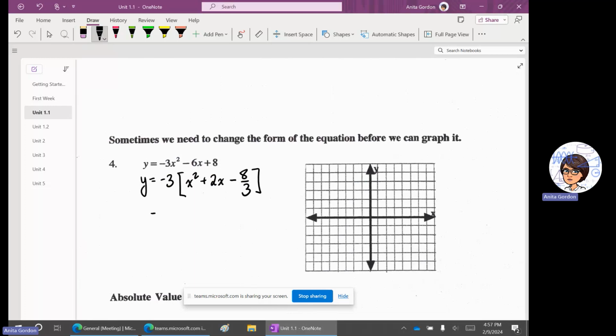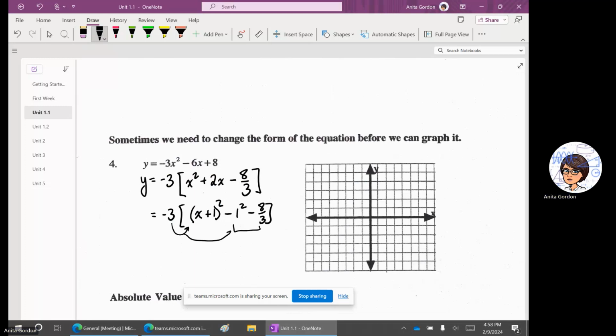Okay, and then to complete the square, I'm going to do a negative 3 x plus 1 squared minus 1 squared minus 8 over 3. And then I'm going to collect these two terms.